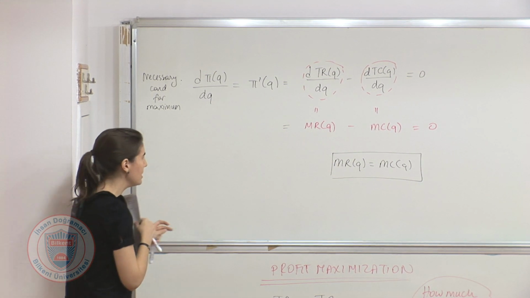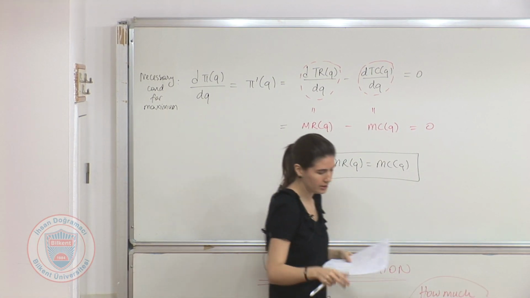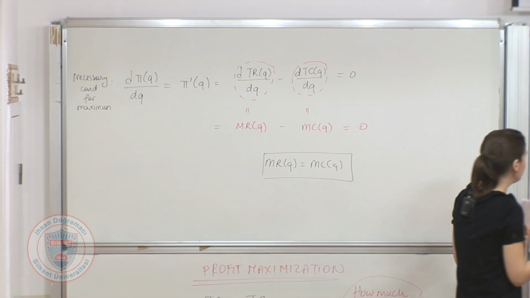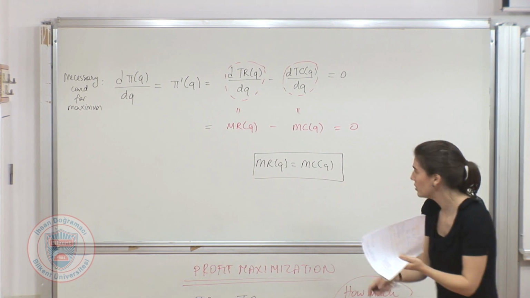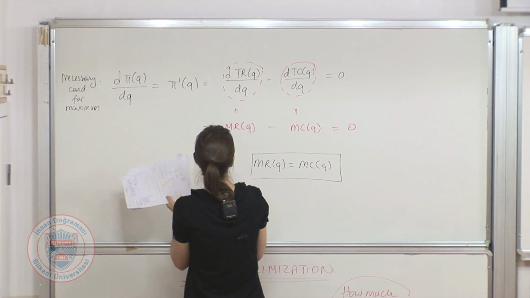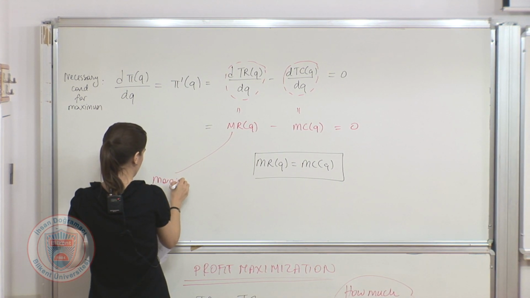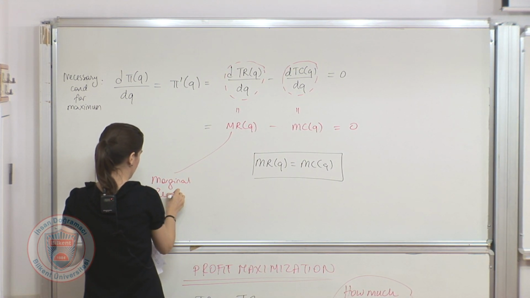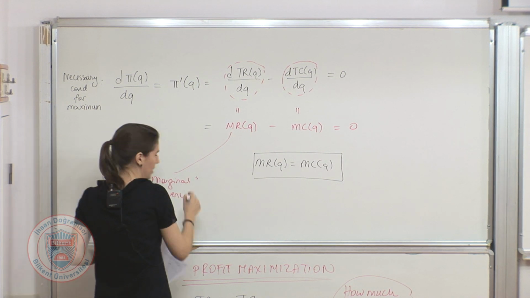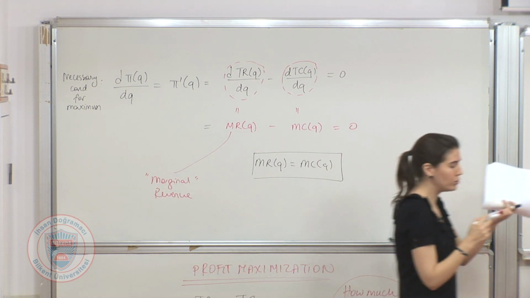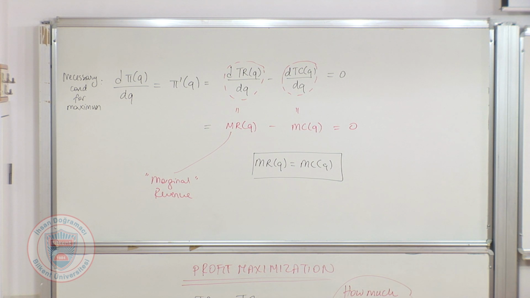So this is the condition. This is called marginal revenue, the contribution of producing or selling an extra unit to your total revenue.